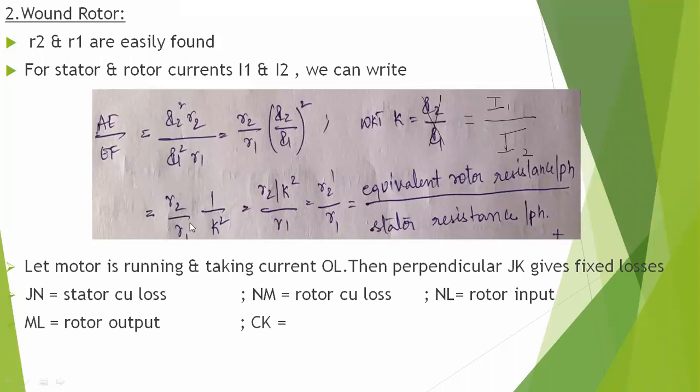So R2 by R1 becomes 1 by K square. If you rearrange this, R2 by K square by R1. R2 by K square I can write as R2 dash. So the R2 dash formula is R2 dash equal to R2 by K square.